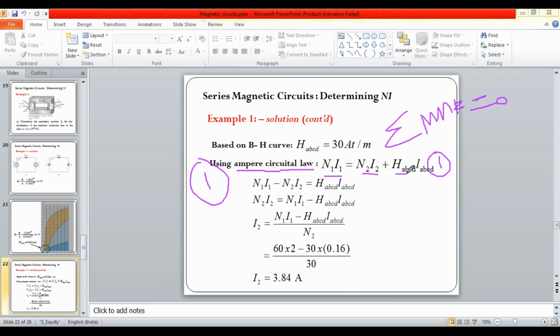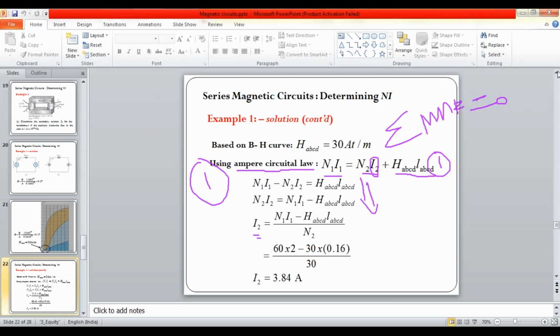Now this is the drop appearing within the magnetic path here. So I will calculate this value, and simplifying this one, we can get our unknown value, the I2 value. Simplify this equation for I2 and substitute these values.